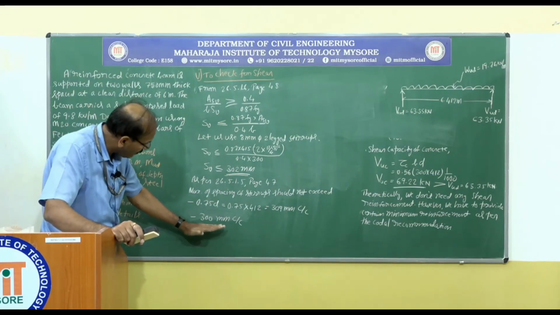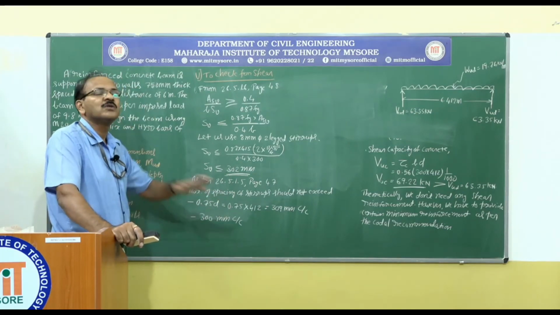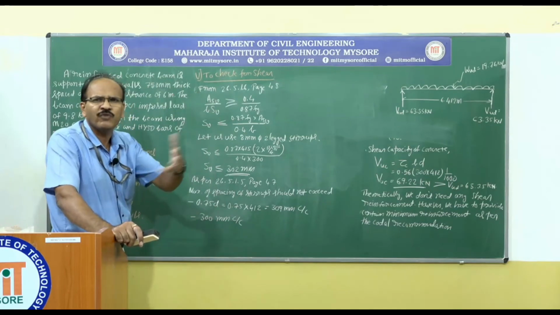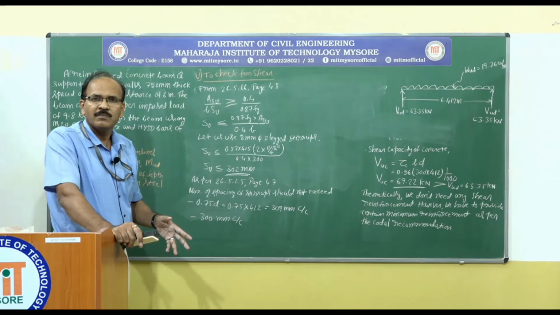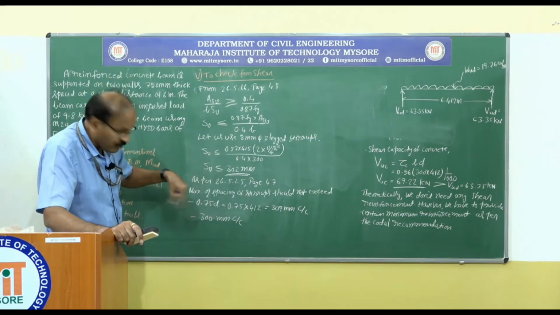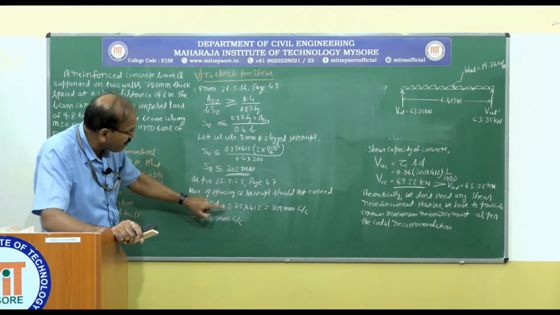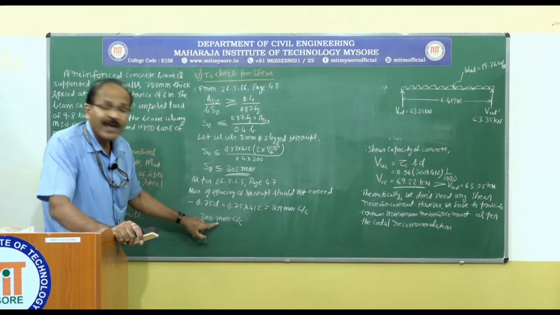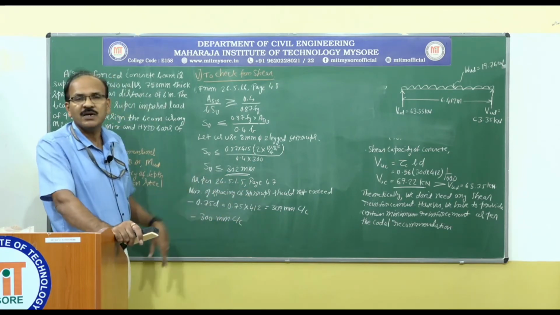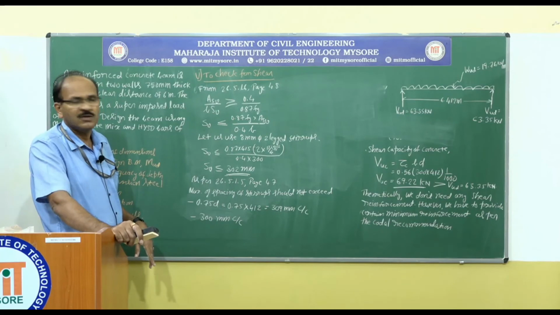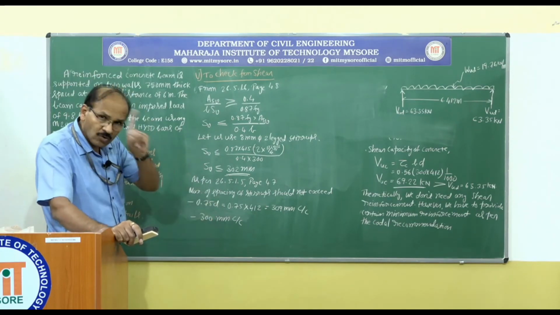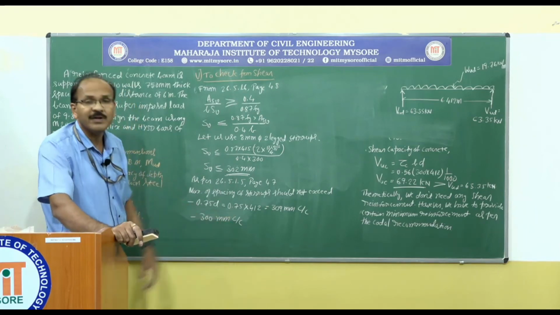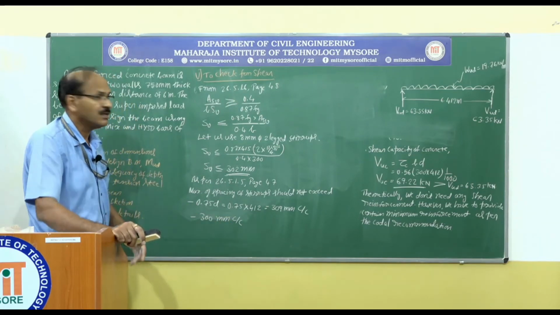The reason is, if you want to reduce the spacing to say 275, 250 or 225, even 200 millimeter, that's okay. I am going to repeat, the least of these three values is the maximum spacing of stirrups. So in this case, we are going to provide 8 mm dia two-leg stirrups at 300 millimeter center to center.